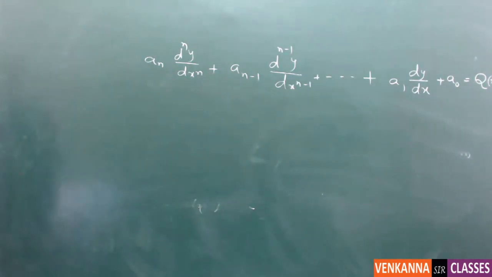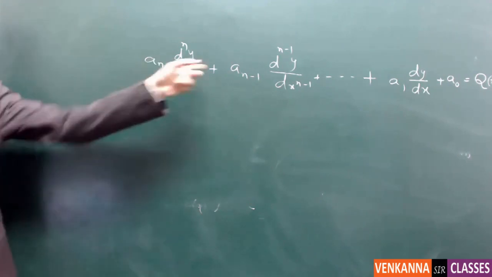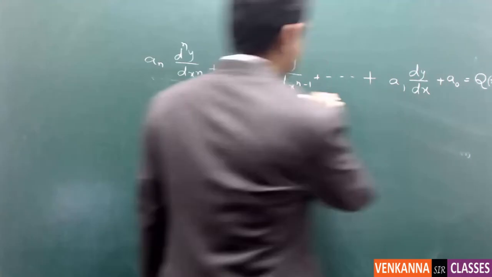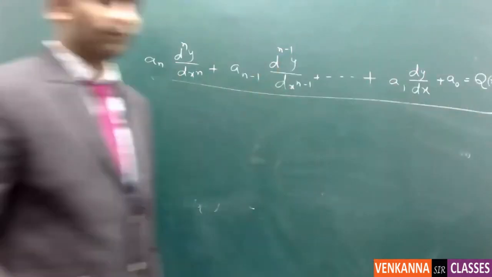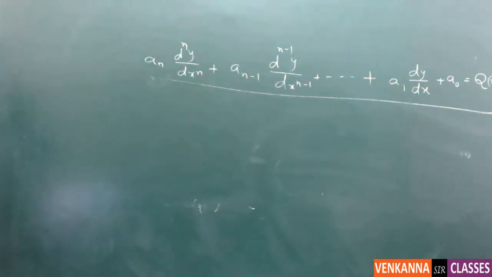So usually a higher order differential equation form is defined like this, where a n minus 1, and so on, a naught, all the coefficients are either numbers or functions of x.